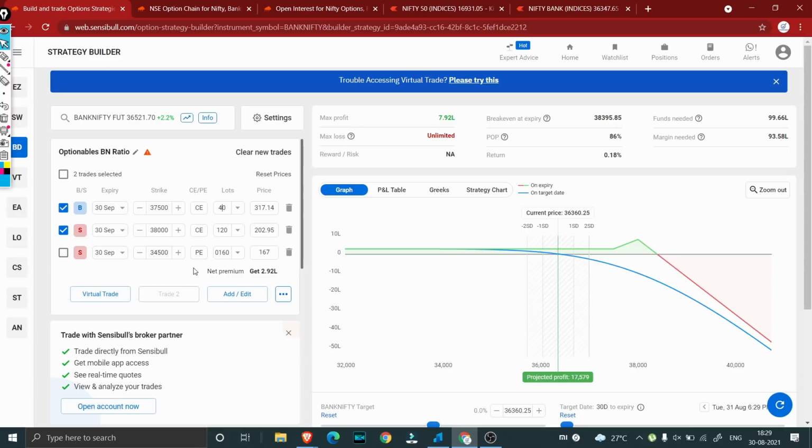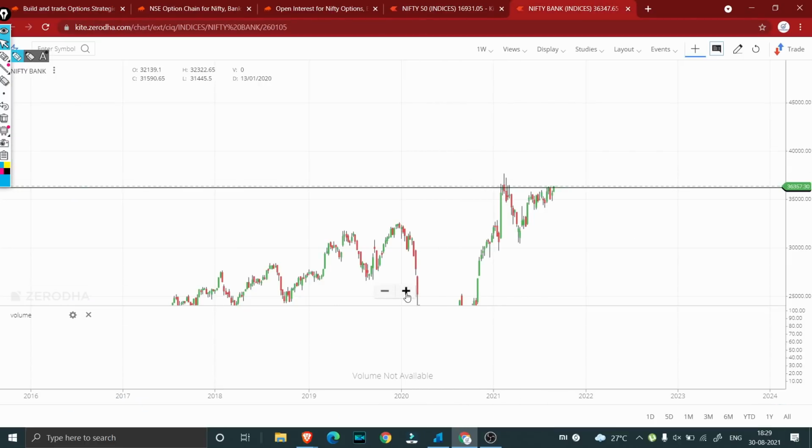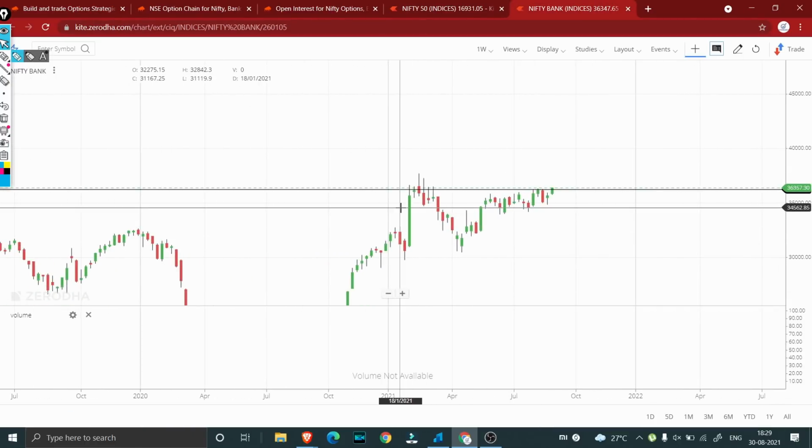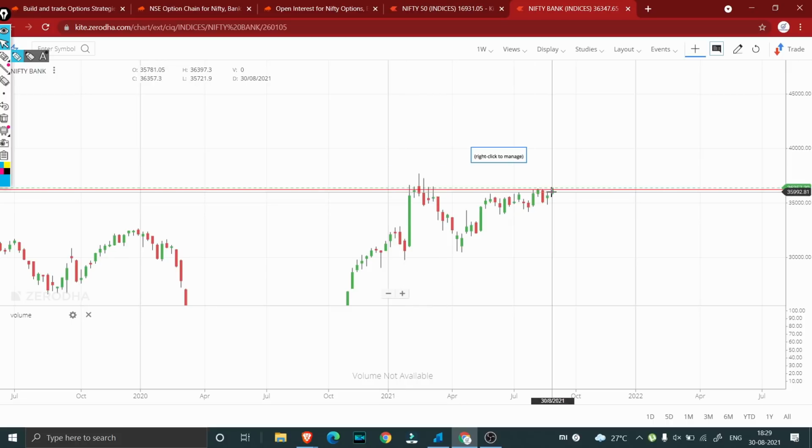But what actually happened is, today Bank Nifty closed above 36,300, and 36,300 for Bank Nifty has turned out to be a very strong resistance in the previous few weeks as well. If I open the Bank Nifty chart, you can clearly see that this level has turned out to be some very strong resistance.